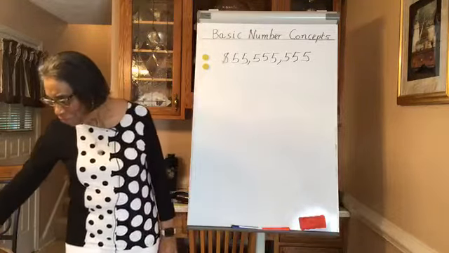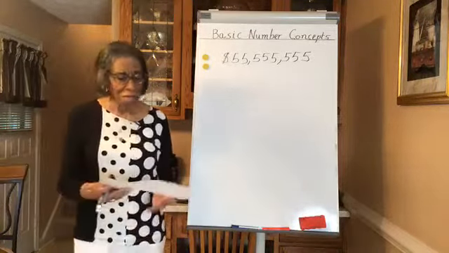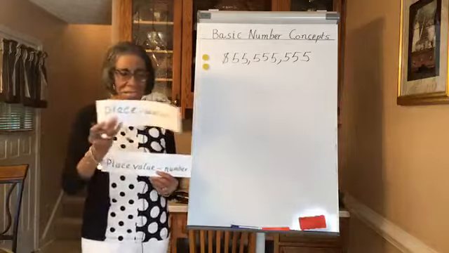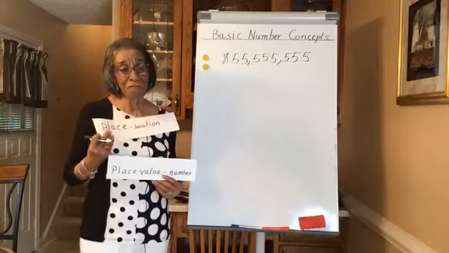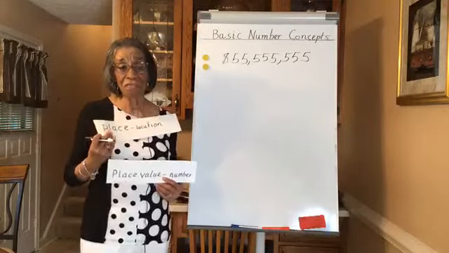So today we're going to talk about place value and place. Notice there are two different things, and sometimes this can be very confusing for students. Because when you're asking them for the place, they think you're asking them for the number. And when you're asking them for the place value, they give you the place.